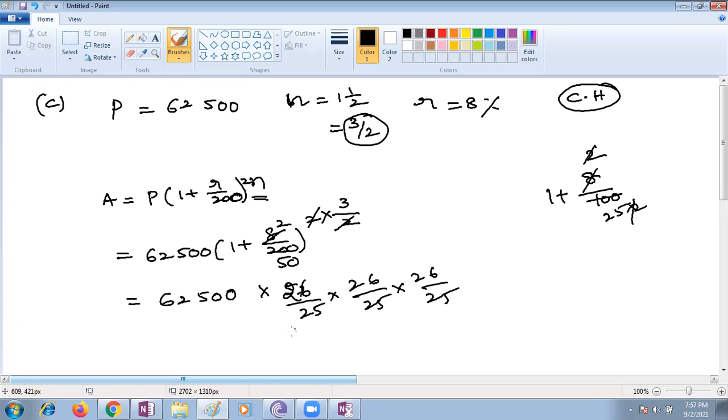Come on, now you have to simplify, children. We know that 25 cubed is 15,625. 25 ones are 25, 4 times. Now 26 cube into 4. Ma'am, 70,304.